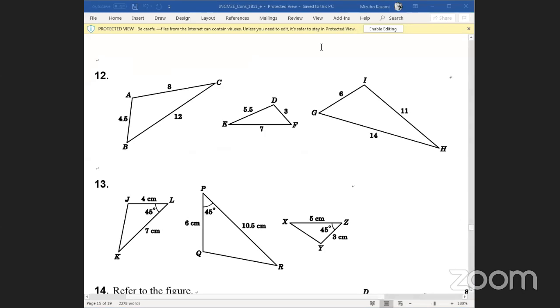Therefore, in this case, if you can just look at it and find it out, then you just show your evidence.